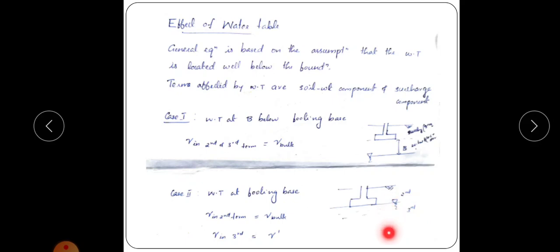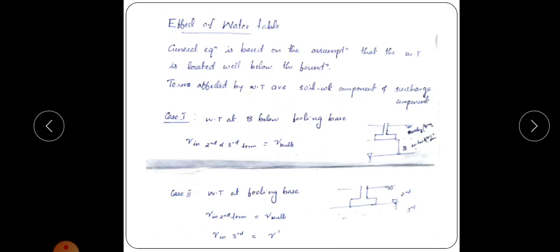So the soil below this water table will have submerged unit weight. So gamma in the third term will be gamma dash. And in the second term, means the soil for this depth, the unit weight of the soil will be equal to gamma bulk, that is gamma itself, because water table is below this point. So this is the effect of water table if the water table is at footing base.